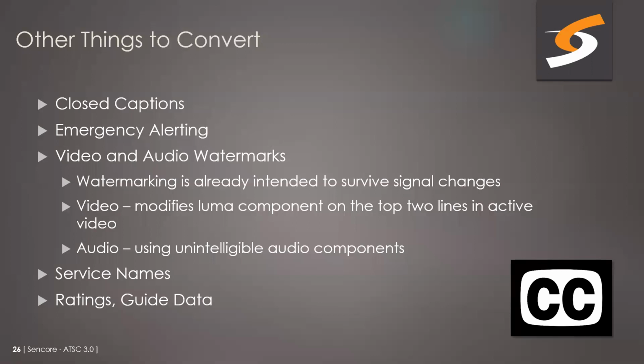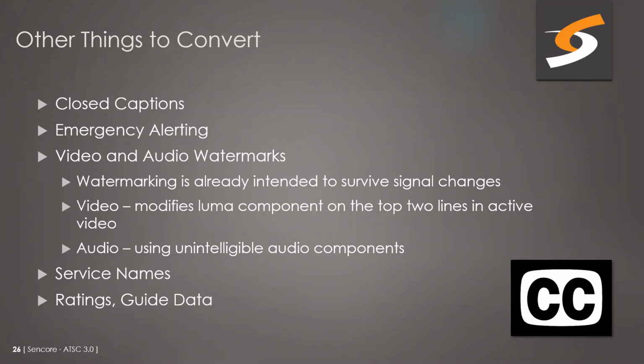So likely the transcoder will need to take the lines of text out of the SMPTE timed text file and actually encode them as 608 and 708 to be able to put those into the signal for the MVPD. Definitely not the hardest thing in the world. There's plenty of tools out there to do that kind of on-the-fly text encoding into 608, 708, but definitely something that has to be paid attention to.